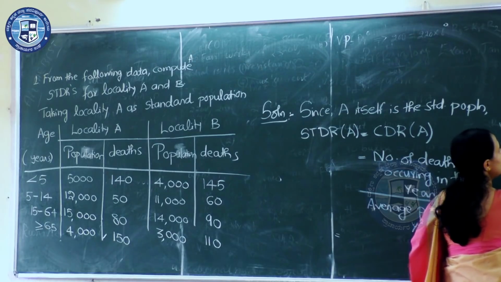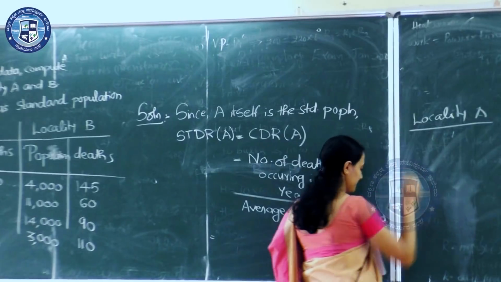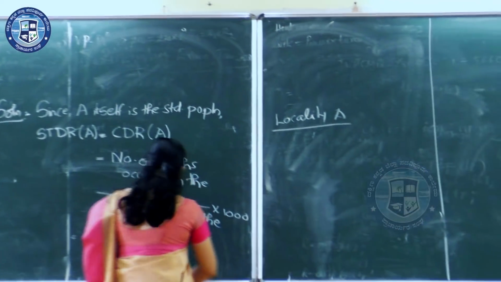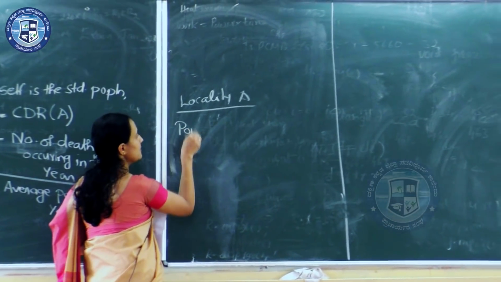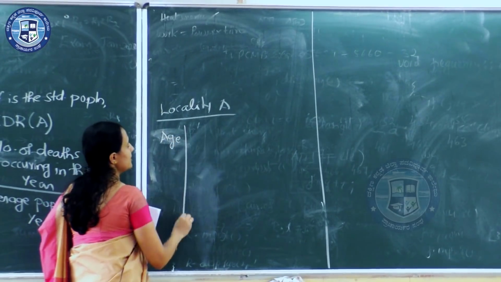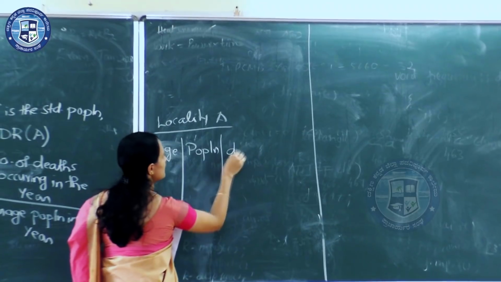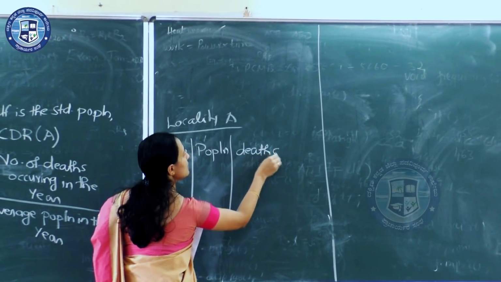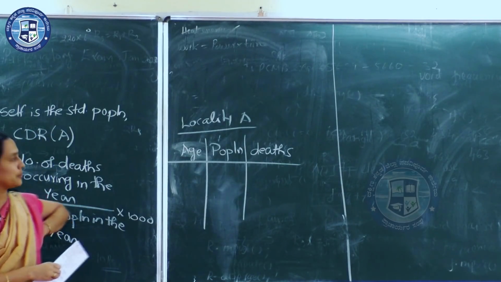Locality A: here the population, before that the age group. No need to compute age specific death rate, just the age group, population and deaths.